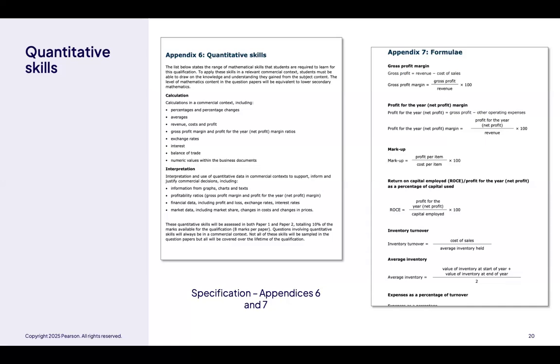It's the specification which tells you what calculations students may be required to carry out in an exam paper. And then Appendix 7 contains the actual formula sheet. We can have slightly different versions of formulae. Well, the ones that will be used on this qualification are shown in Appendix 7. And I think a really useful resource.